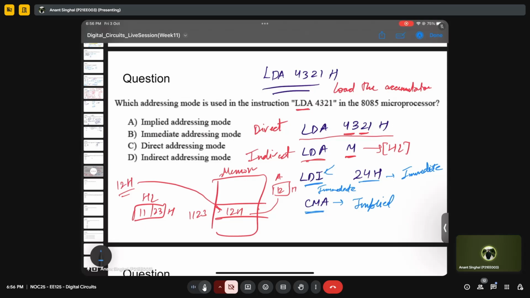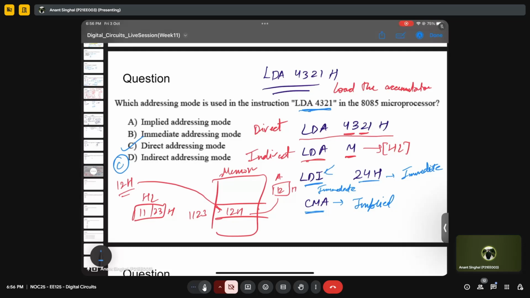I hope all these operations are clear. As the question says, we need to load the accumulator directly using 4321. So the correct answer to this problem would be option C. These are the four addressing modes that we in general use. One is the direct mode, in which we directly write whatever address or bits we need to load.